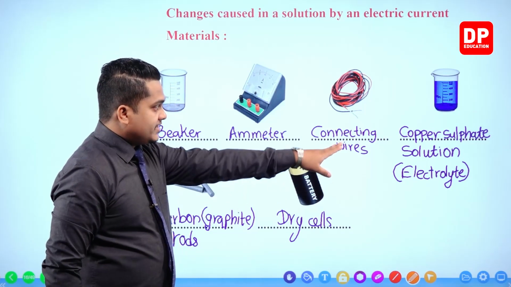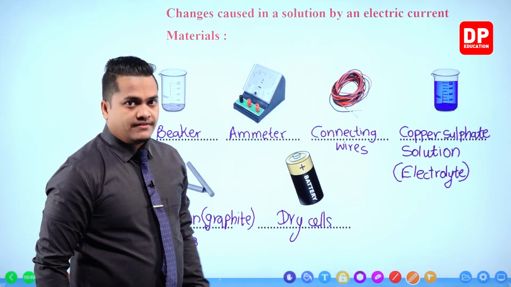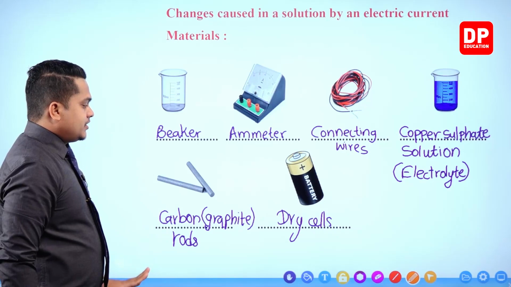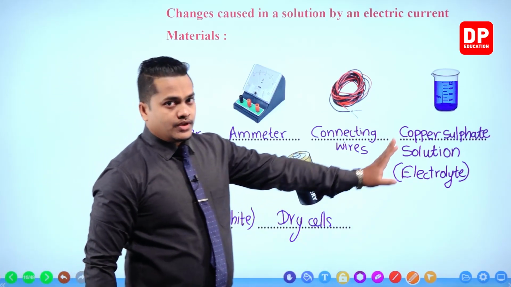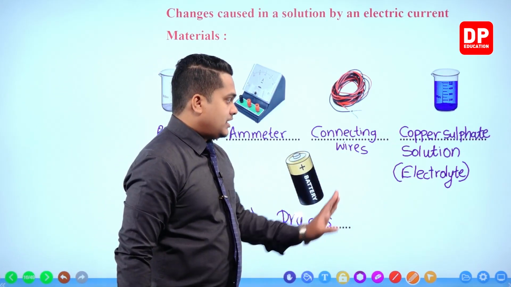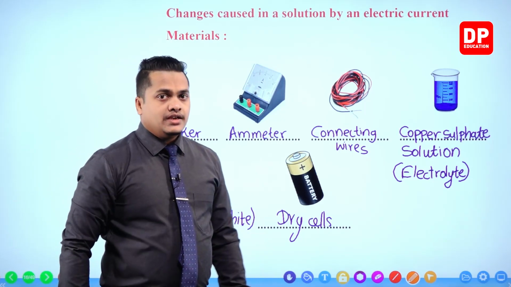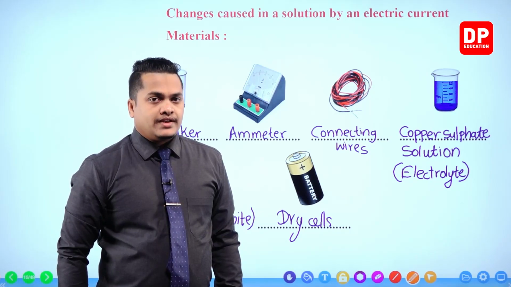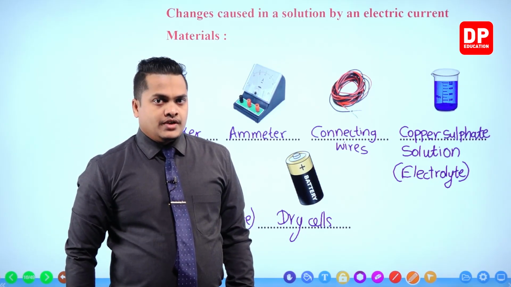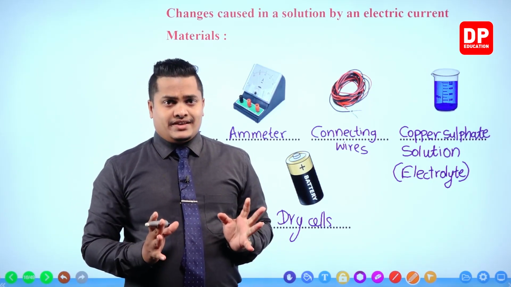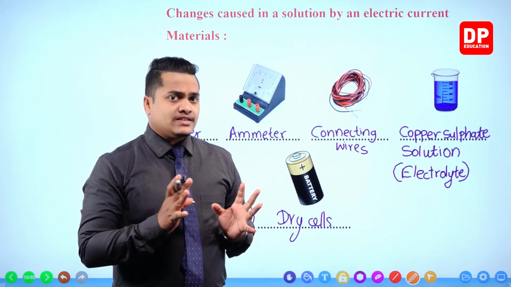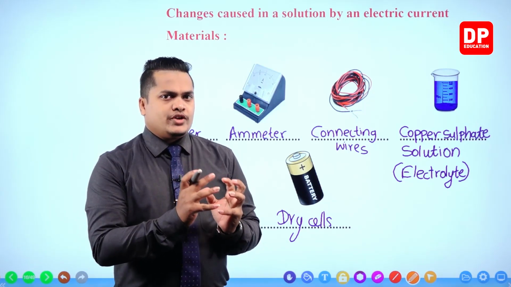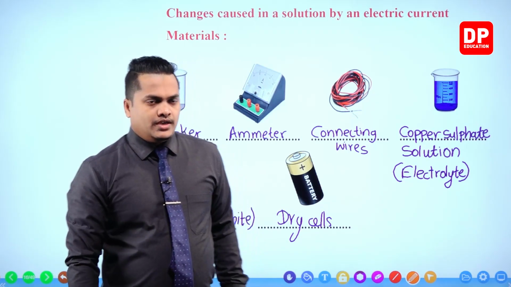Then carbon or graphite rods to provide electricity to the copper sulfate solution, and dry cells as the source of electricity. We are going to provide electricity to the solution and observe what is going to occur within it.